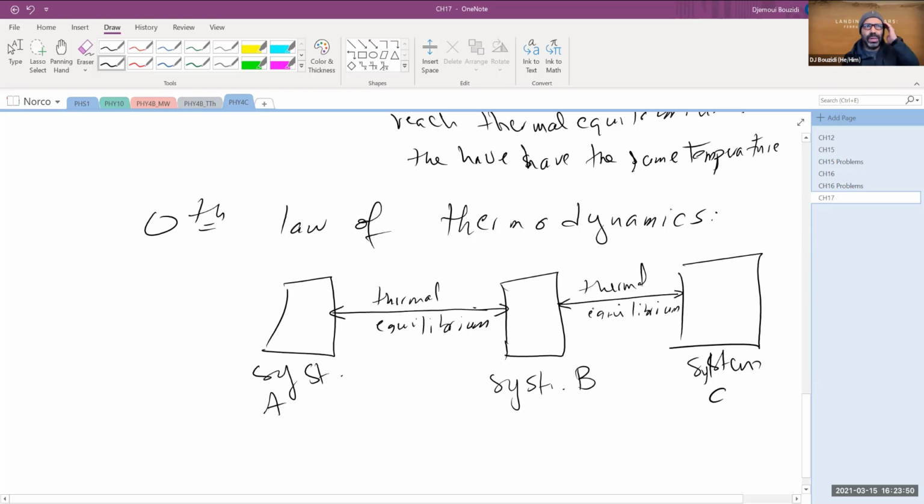So do you understand the assumption here? This is a condition. This is another condition. Those are two different conditions.